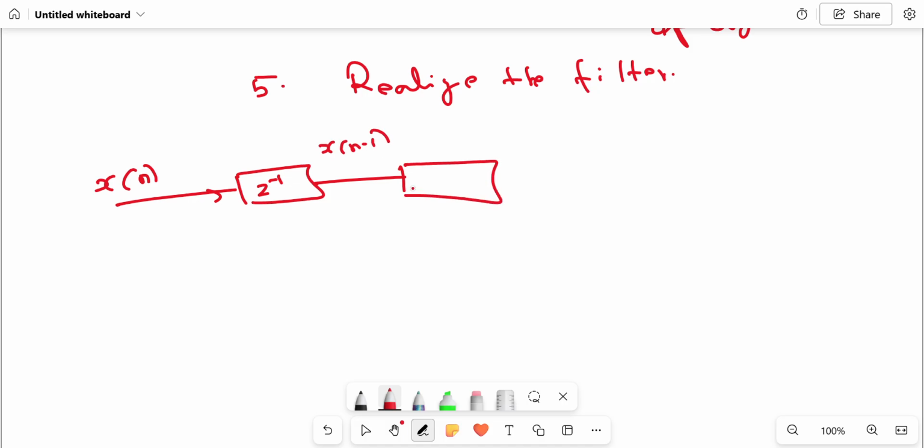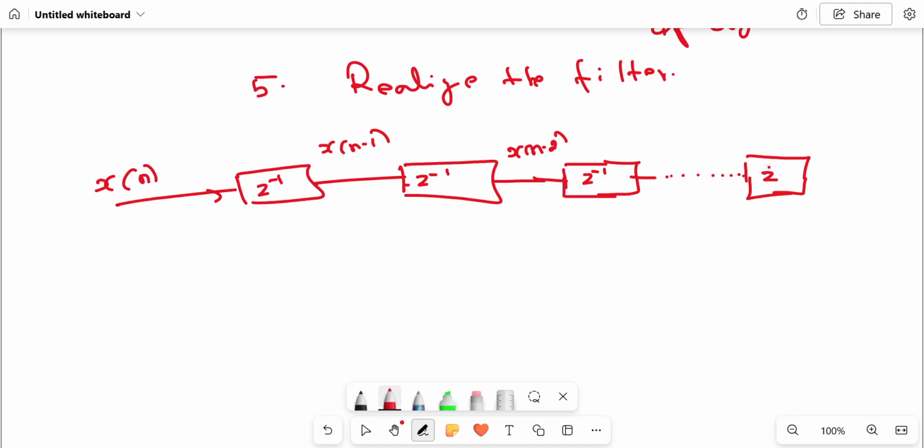Then with one more unit delay you get x of n minus 2. Then z inverse again, x of n minus 3. Then finally another z minus 1. So what are the coefficients?